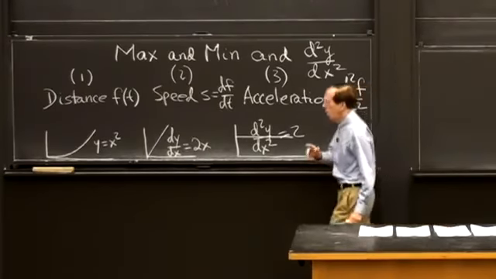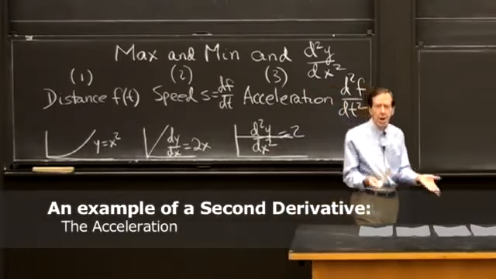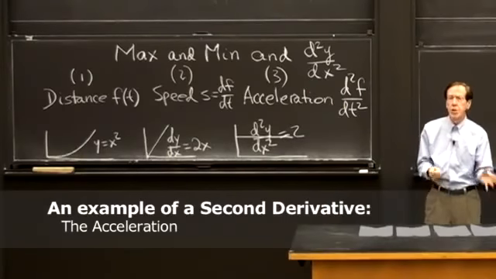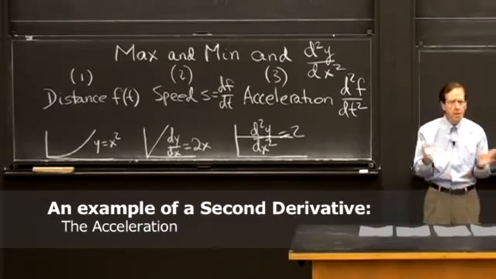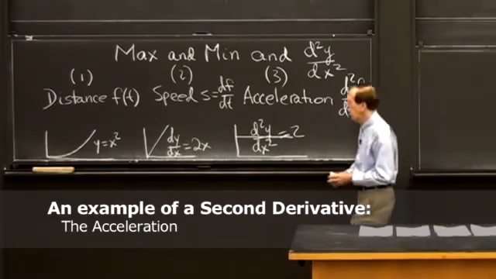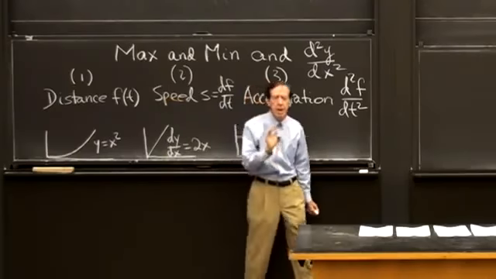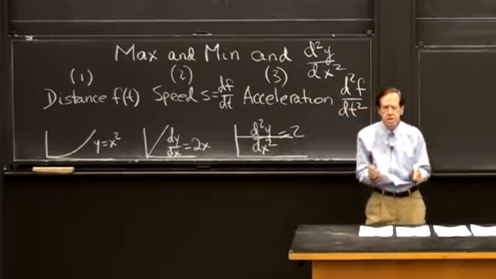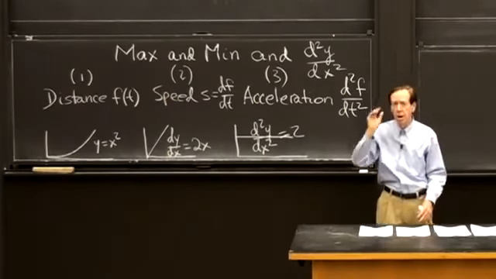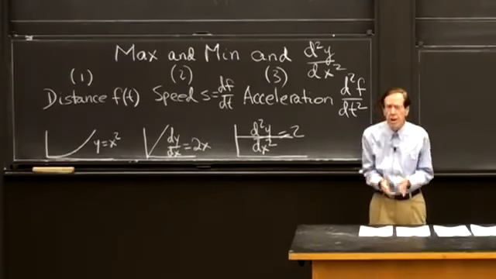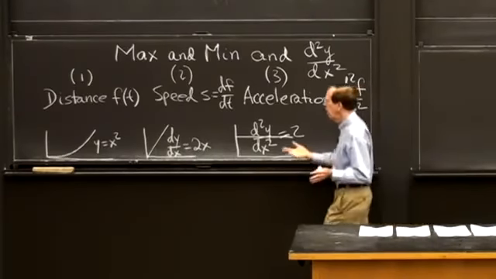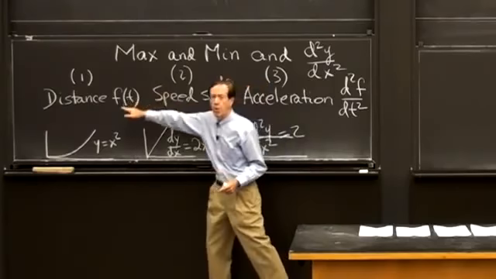So we now will have 3 generations. The big picture of calculus started with 2 functions, the distance and the speed, and we discussed in detail the connection between them: how to recover the speed if we know the distance.